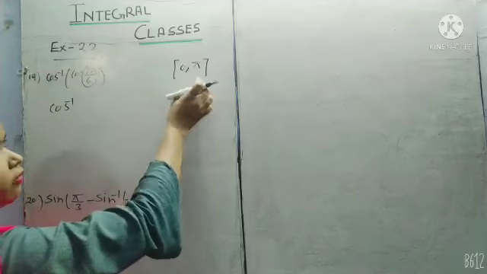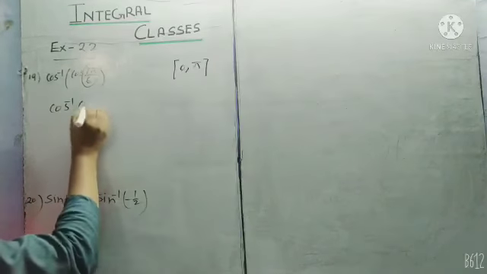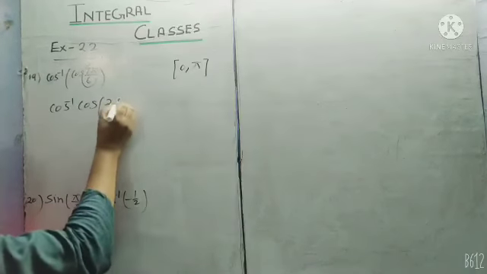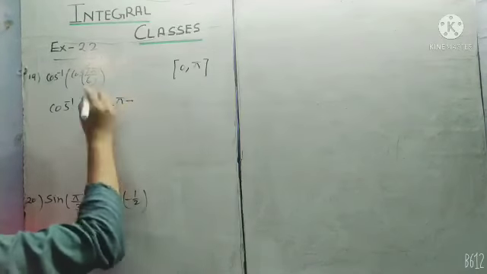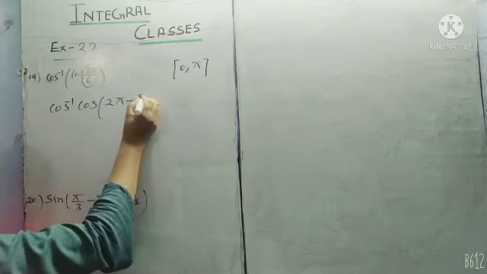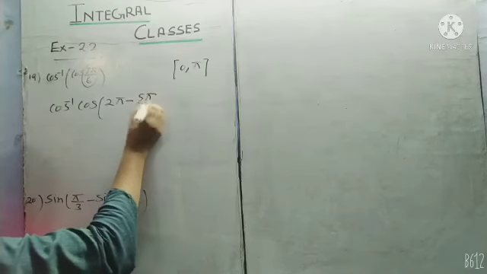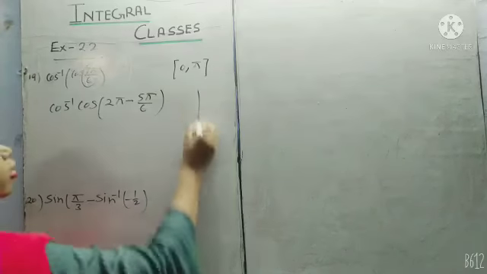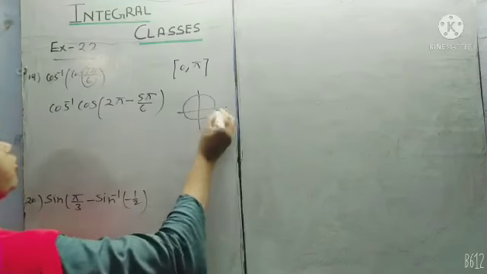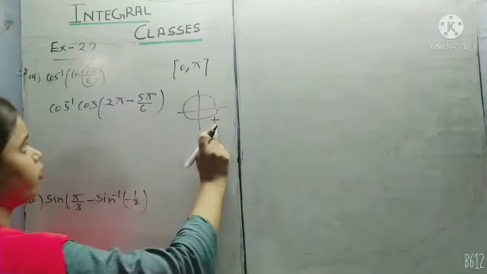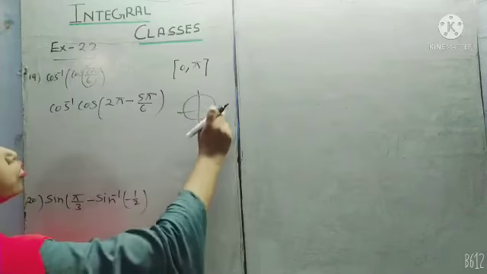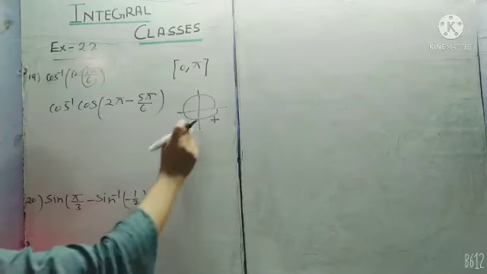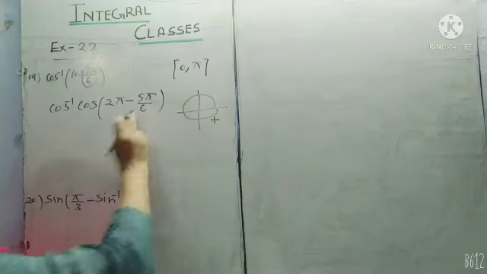So we can write cos of 2 pi minus 5 pi by 6, because we know that cos is positive in the fourth quadrant. So we will consider 2 pi minus this.